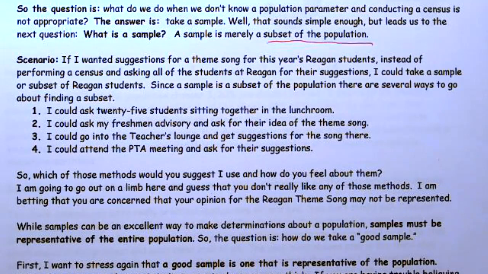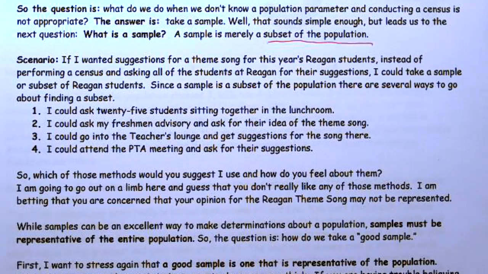Well, I'm going to go out on a limb here and guess that you don't really like any of them. The problem with the 25 students sitting together in the cafeteria is they're probably friends, so when I survey them, they probably have very similar likes and dislikes. So they represent themselves, but do they represent the entire campus? And we'll just go out on a limb here and say freshmen are not the same type of people as seniors are.